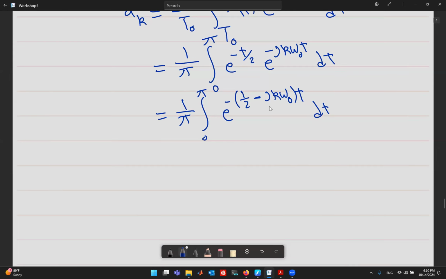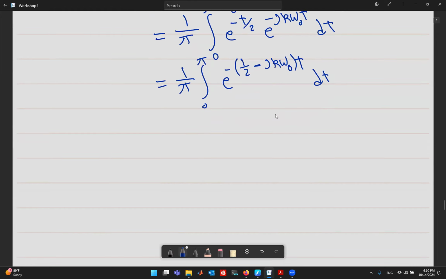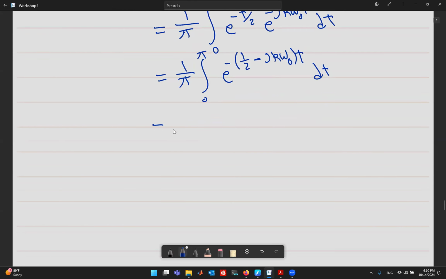Now we just do this integration. Simple one. 1 divided by pi, then minus 1. This is a multiplication, it's not x. Let me multiply them.